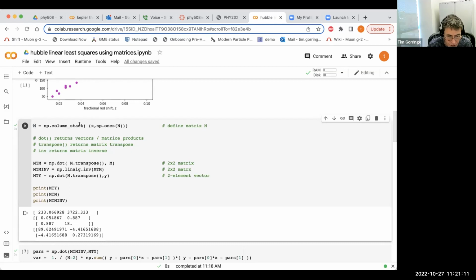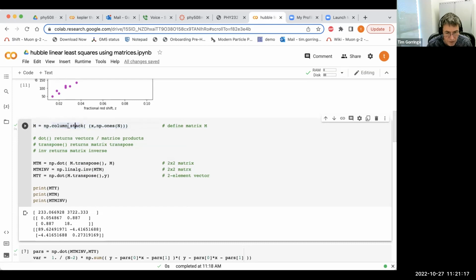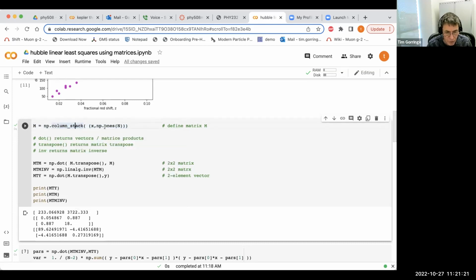And so the first thing I'm doing is defining that matrix that we called M. So I'm using this particular function in NumPy. It's very handy for this particular task. It builds a matrix M out of a sequence or stack of columns. And the arguments to this function are the vectors that contain the data for each column.